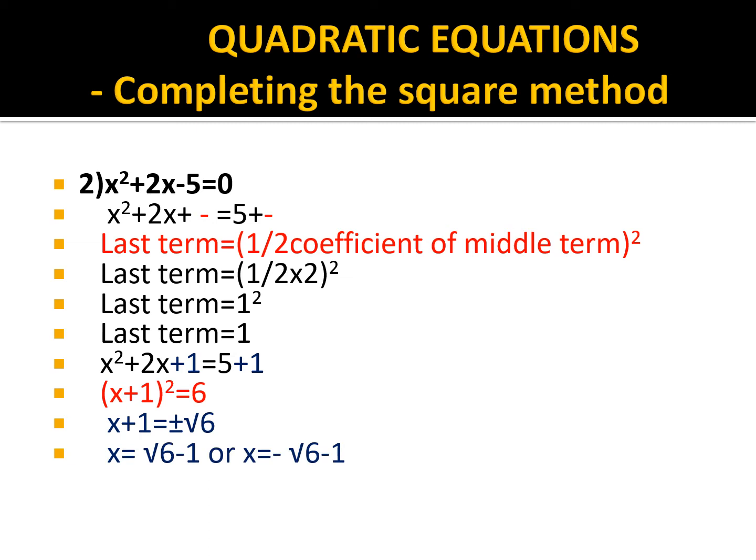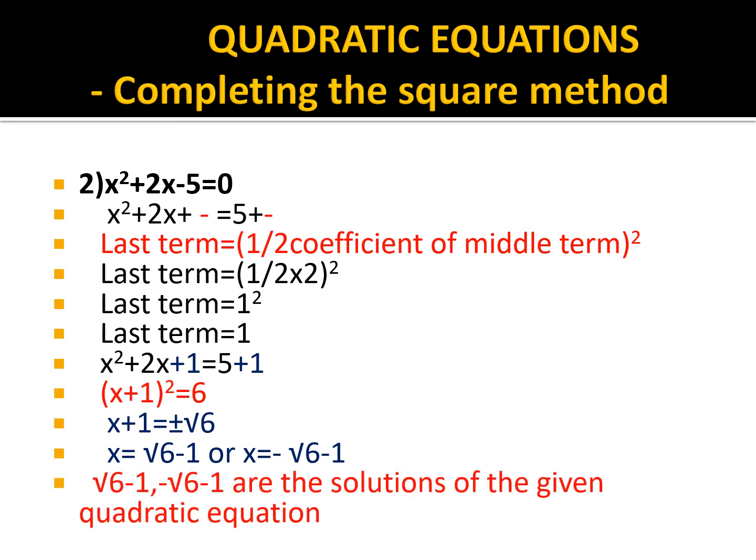Therefore, x is equal to root 6 minus 1, or x is equal to minus root 6 minus 1. Hence, the solutions of the given quadratic equation are root 6 minus 1 or minus root 6 minus 1.